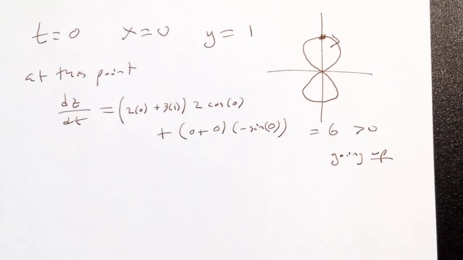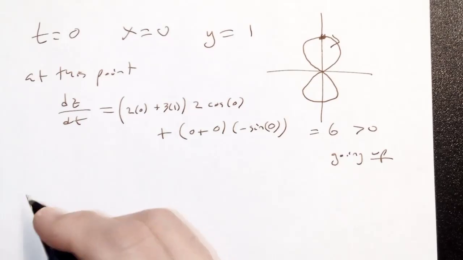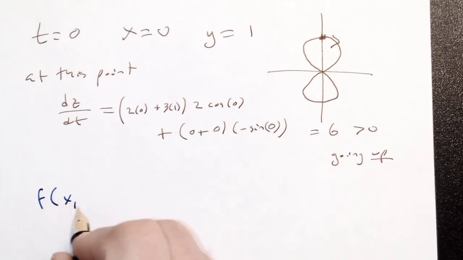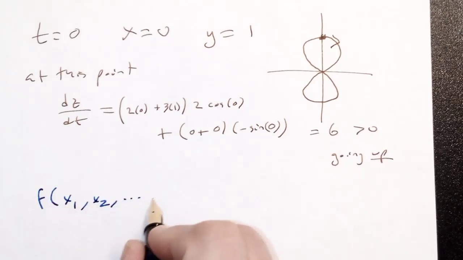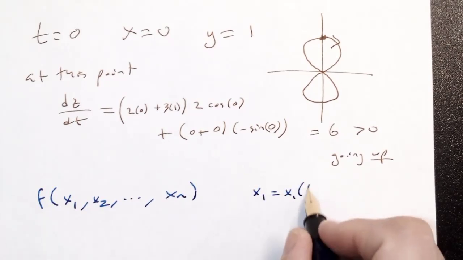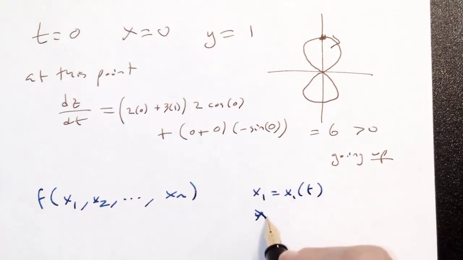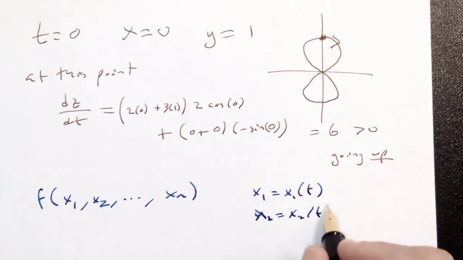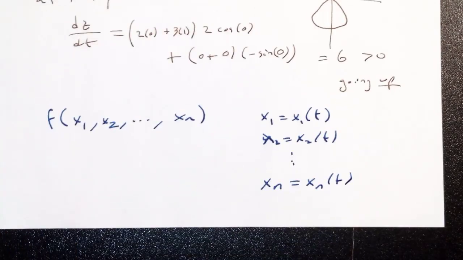By the way, this applies not just to functions of two variables, but functions of as many variables as you want. If you have f of x1, x2, up to xn, where x1 is a function of t, x2 is a function of t, and all of these are functions of t, then I can do the same thing.